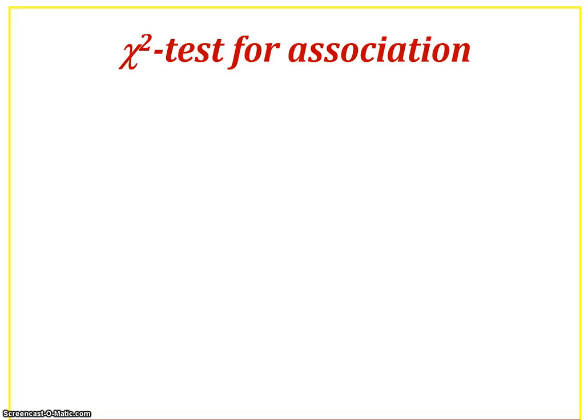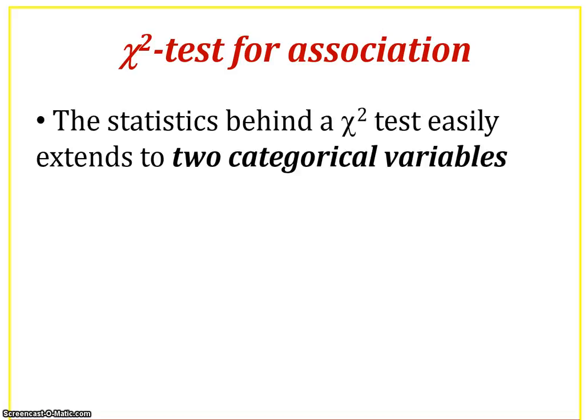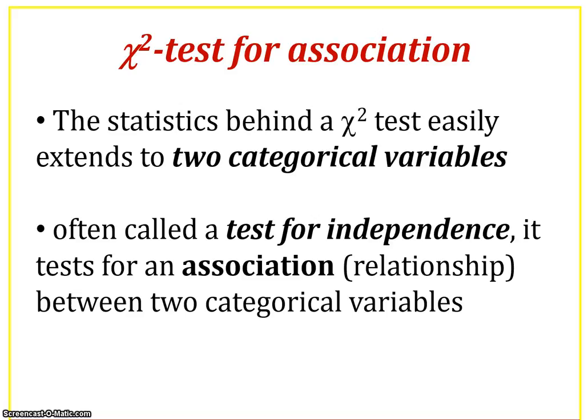A chi-square test for an association between two variables is going to be an easy extension from the test statistic that we've already seen. This is often called a test for independence. It tests for an association or a relationship between two categorical variables.